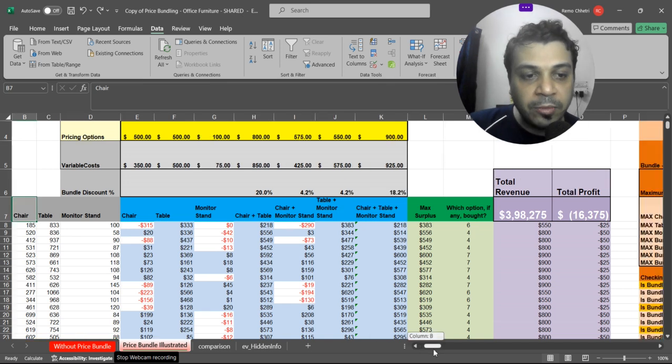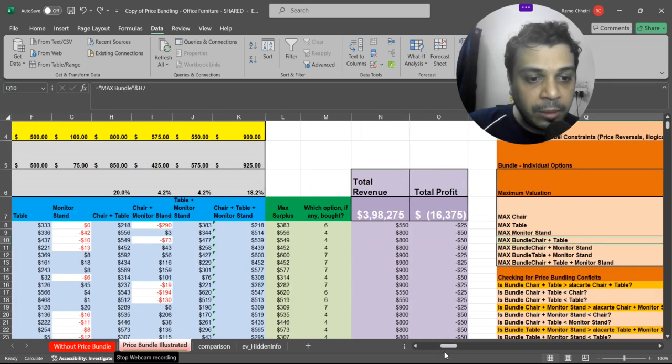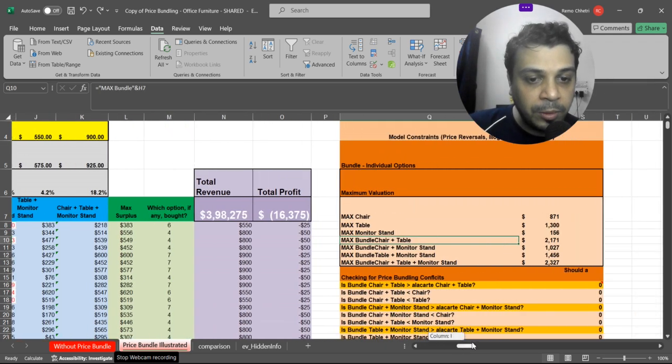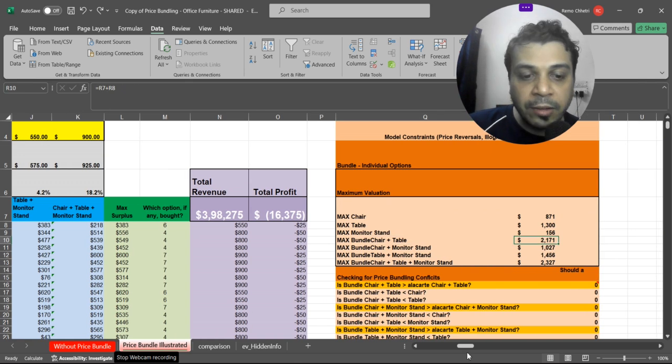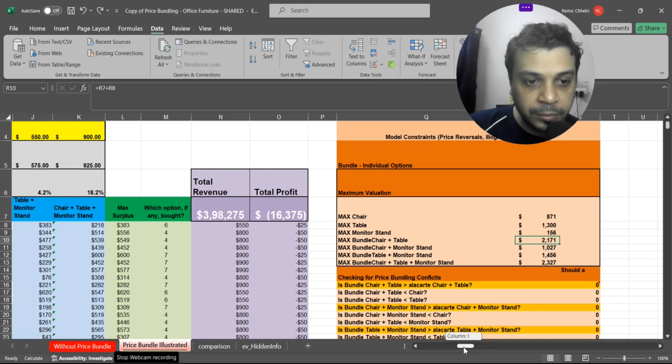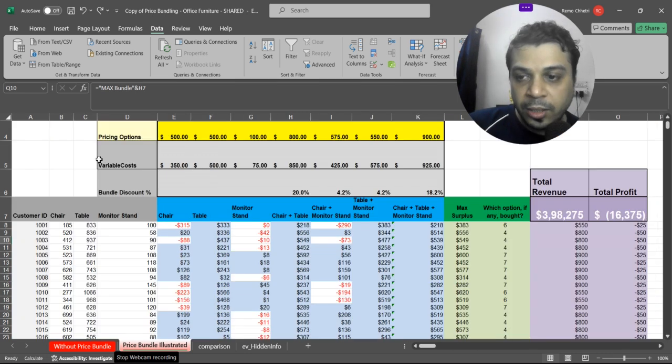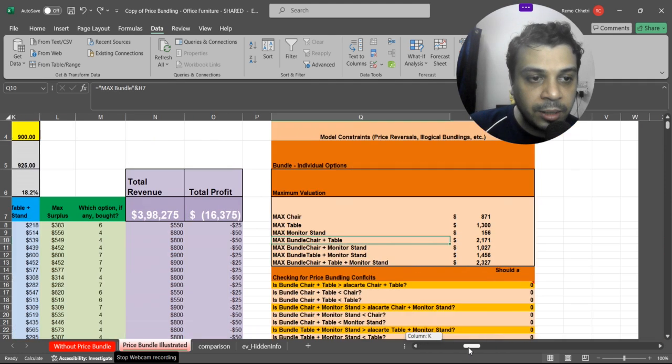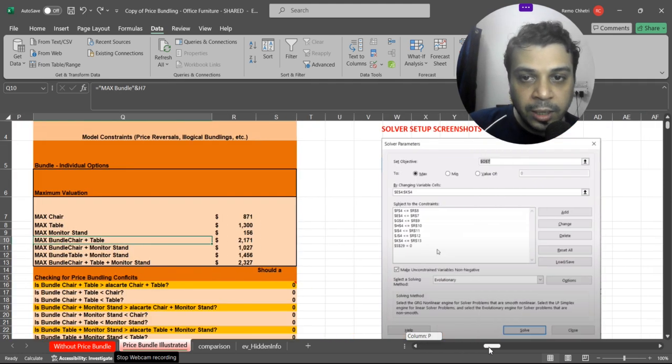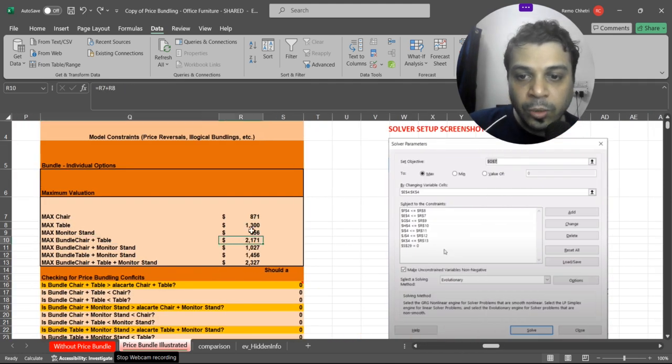For instance, the maximum value of a bundle, say the bundle chair plus table, as you can see, will be R7 plus R8, and it's going to be the maximum value. If I just jump into that, we already have that actually. You'll see that these are the values, which are the maximum table value and the maximum chair value.